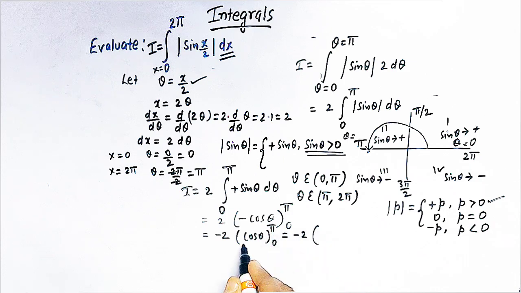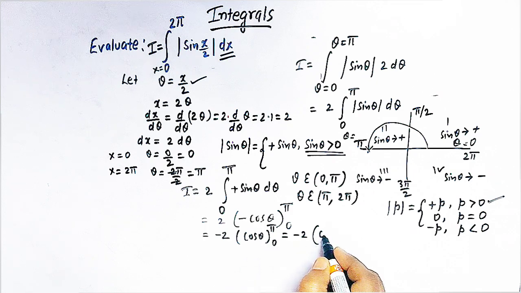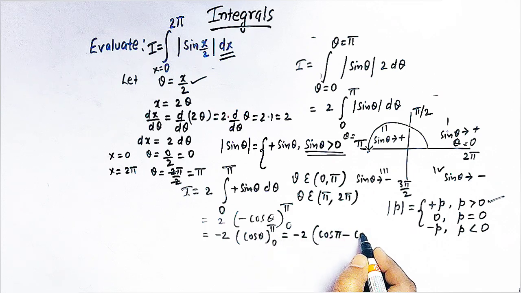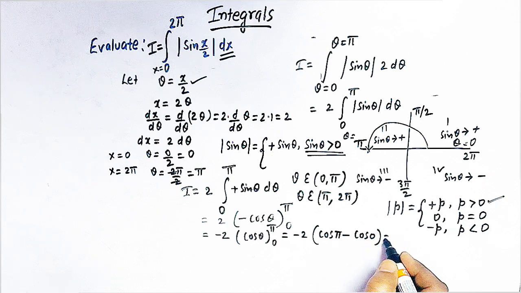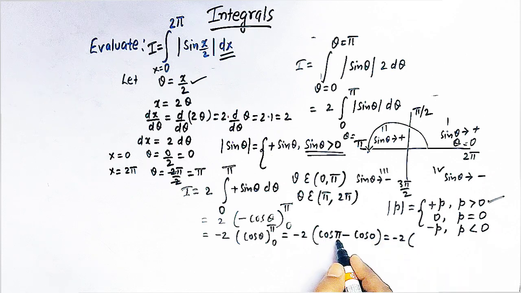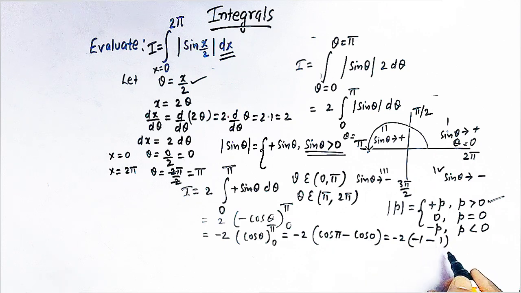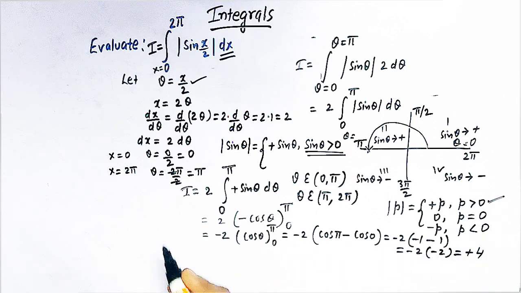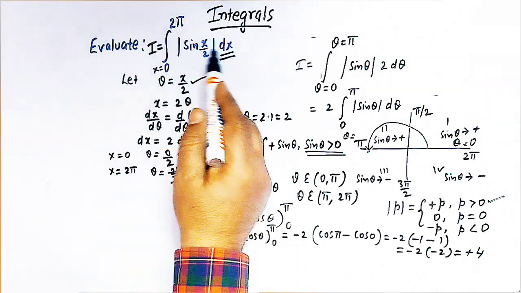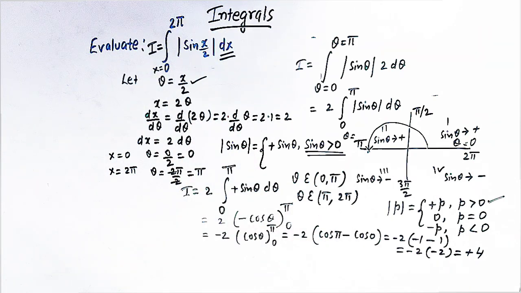So now substituting the limits and taking the difference, we have first cos pi, then cos of 0, and here cosine pi is minus 1, cosine 0 is 1. So we have minus 2 times minus 1 minus 1, that is minus 2 times minus 2, which is plus 4. So the value of this integral is equal to 4.